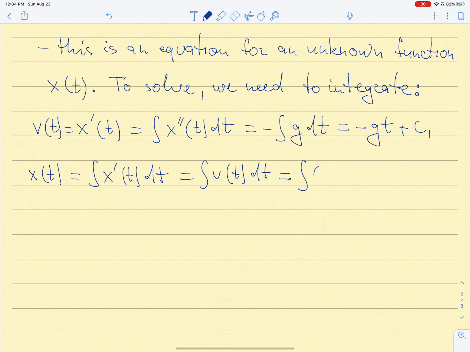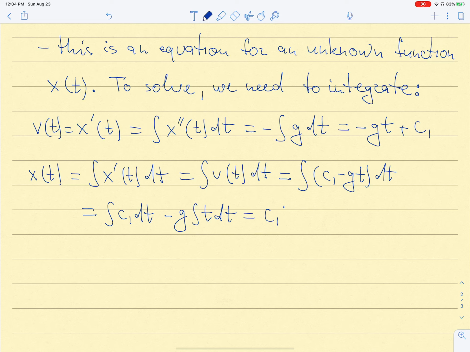So it's an integral of c1 minus gt dt. Once again, c1 and g are both constants. So this is an integral of c1 dt minus, I can pull g out of a second integral, minus g integral of t dt. So what we get is c1 t minus g, and integral of t is t squared over 2.